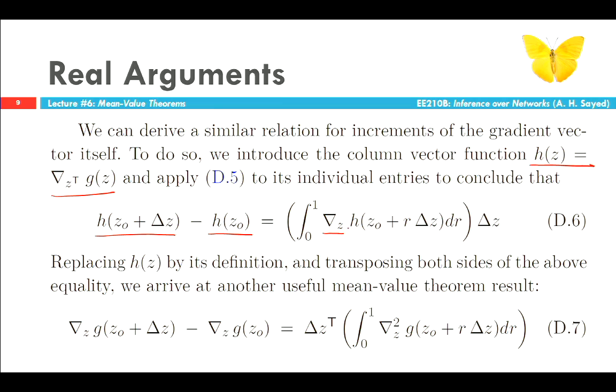But the gradient of H, and H is already a gradient, so that becomes the Hessian, right? So it's not difficult. This is a simple argument, right? And you see, this is the gradient relative to z transpose. Here I just transpose them because I want to write them relative to z. So that's why this delta z now appears there, because I transpose the relation, right? So this is the mean value theorem for gradients.